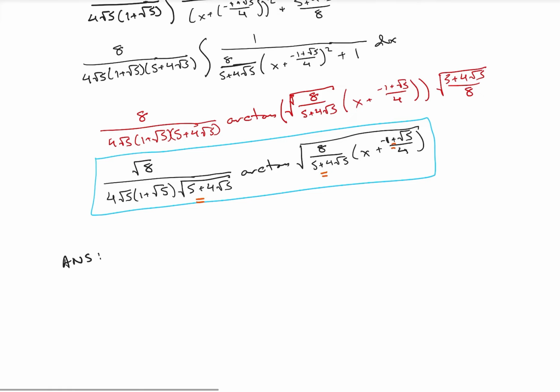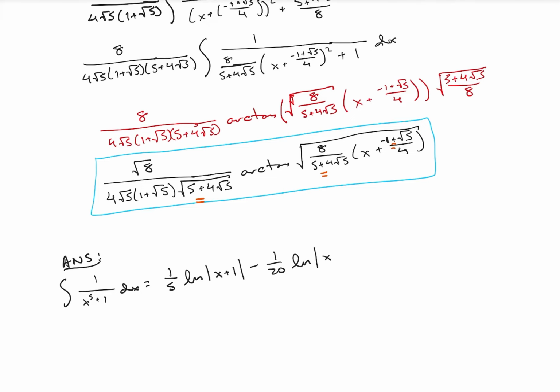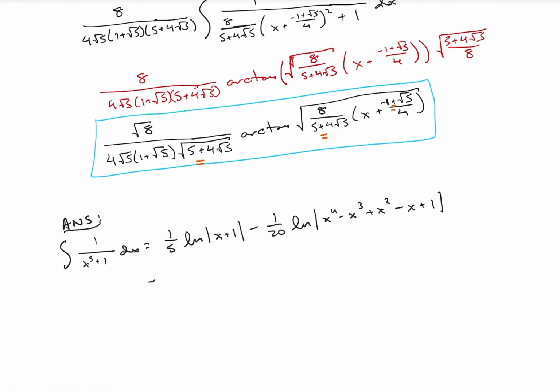And our answer now for the integral of 1 over x to the 5th plus 1 dx is just 1/5 natural log of x plus 1 minus 1 over 20 times the natural log of x to the 4th minus x cubed plus x squared minus x plus 1 plus 1 over 4 root 5 times the natural log of x squared plus negative 1 plus root 5 over 2 x plus 1.